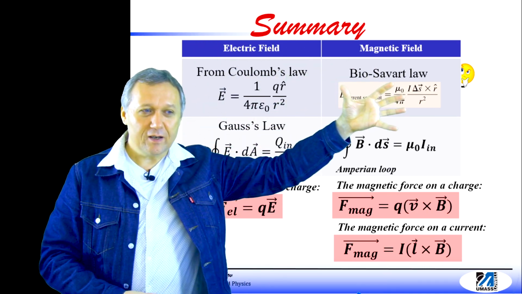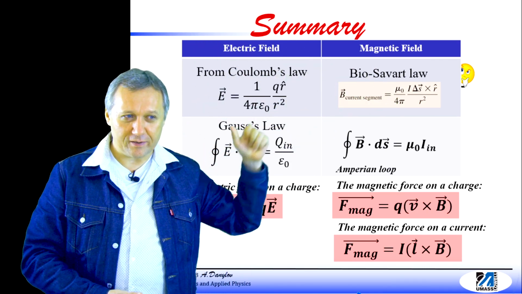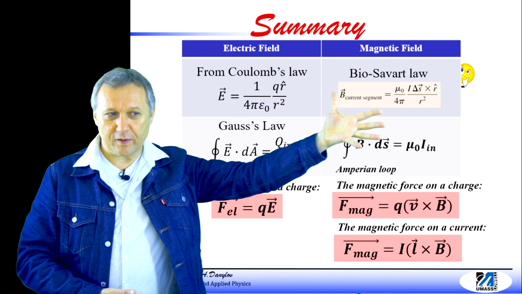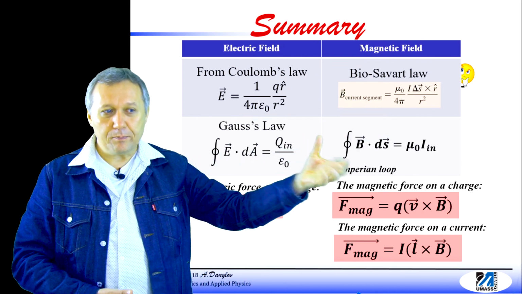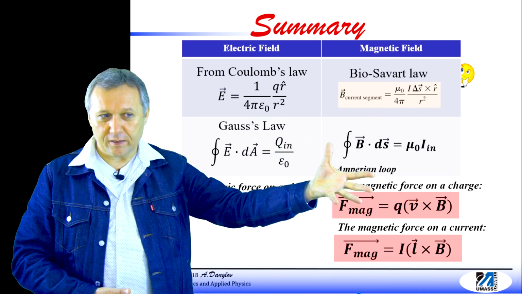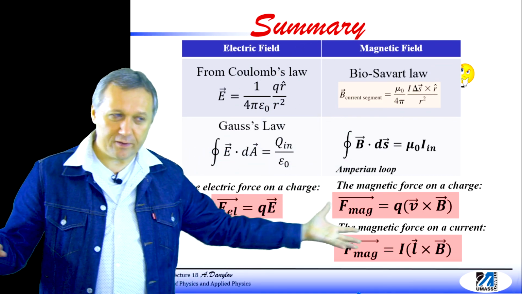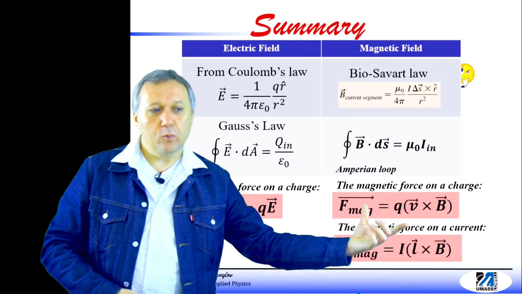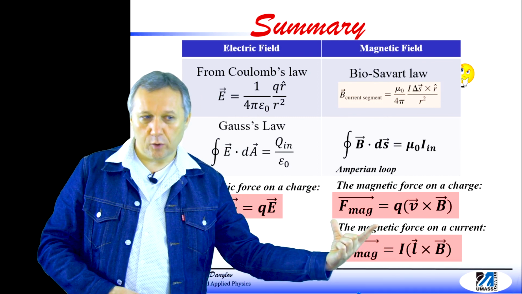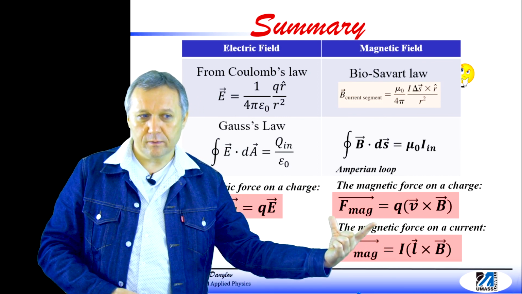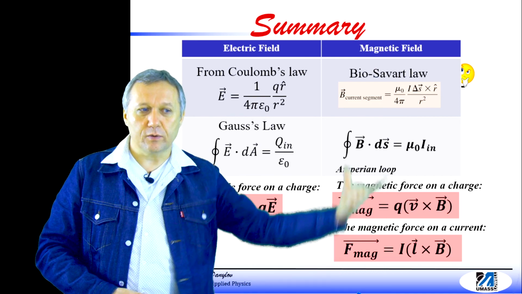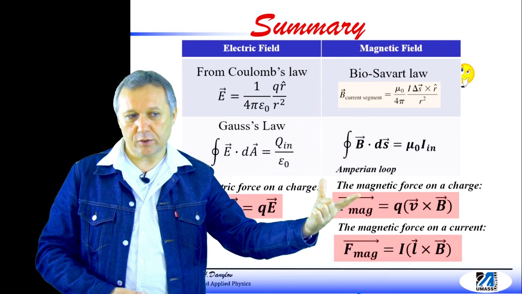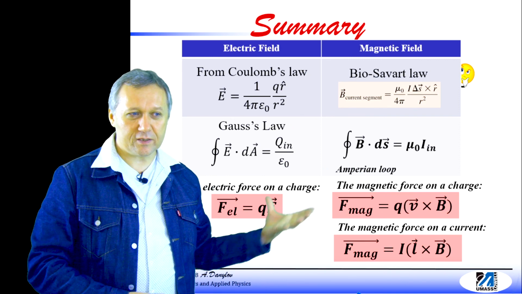And similar things we now introduce in the world of magnetism. Biot-Savart law can be used to find magnetic field. Ampere's law can be used to find magnetic field, two ways of finding magnetic field, both fundamental, equally strong, and so on and so forth, right? And then once you add this Lorentz force, the magnetic force acting on a charge, now this is the foundation of magnetism, right?